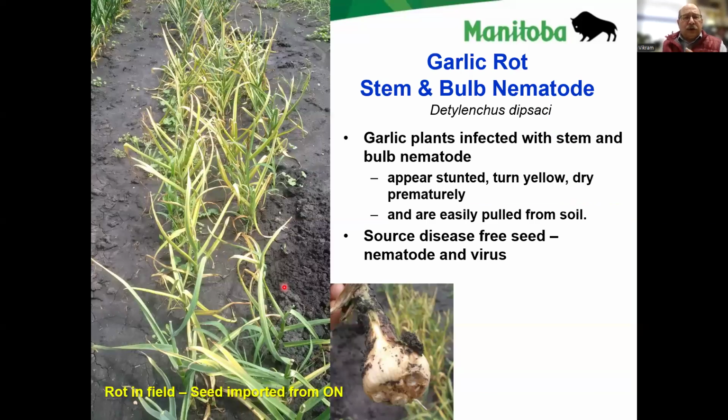Another important thing that some of the home gardeners may want to know is that garlic that they buy suddenly rots, or if they have been using their own seed and they say, every year my garlic doesn't grow very well.